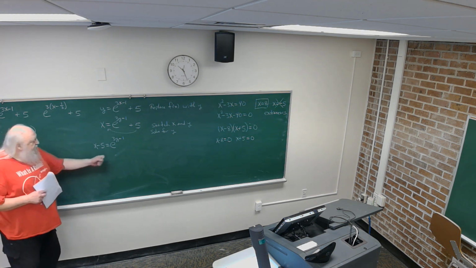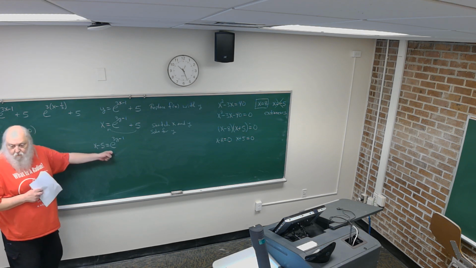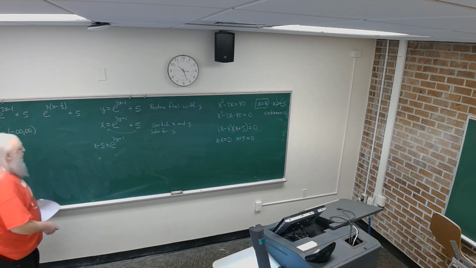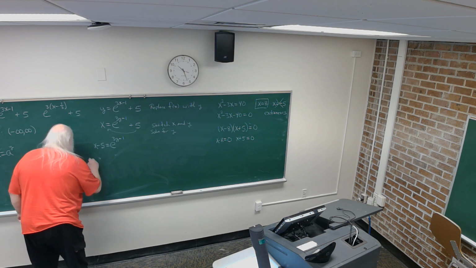So we have to get rid of e on the right-hand side. What gets rid of e? This property over here: the natural log of e to the x is just the exponent x. So we can take the natural log of both sides.